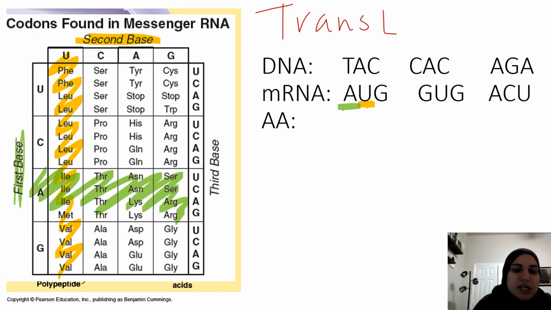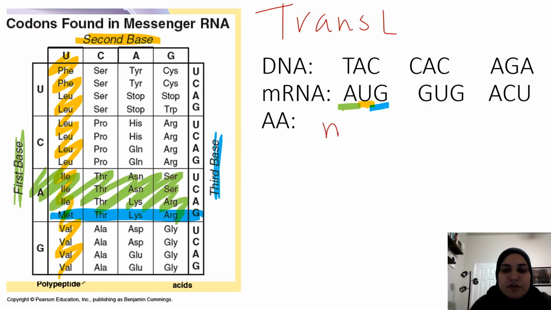Look where green and yellow mix. That's where I'm trying to pay attention to right now. My last one is G, so I follow where it says third letter, I follow G across. Where do all 3 of my colors meet? Right there where it says Met. So my first amino acid is Met.